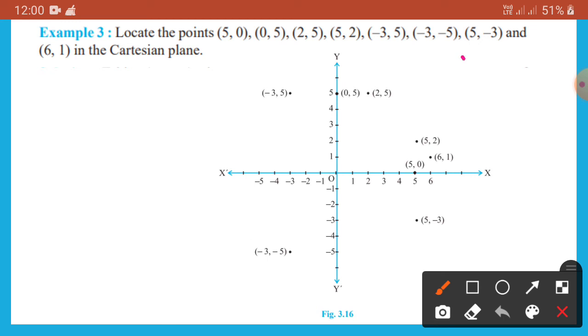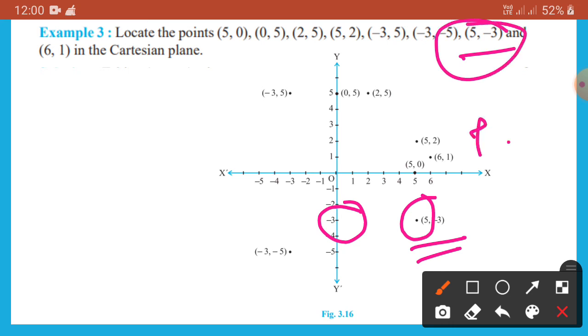Then the coordinates are (5, -3). Here the distance from the y axis is 5, and the distance from the positive x axis will be 3, as the sign is plus and minus, that means it is in the fourth quadrant.